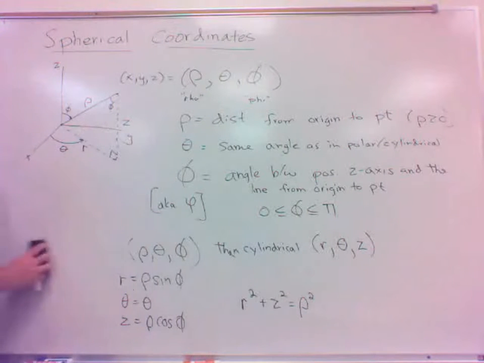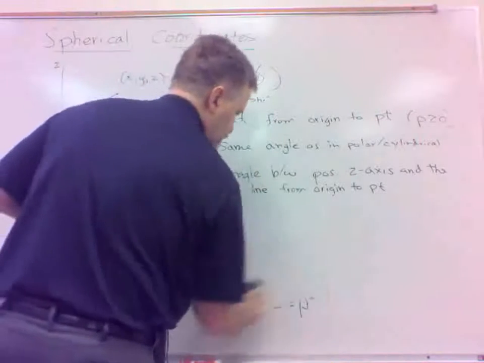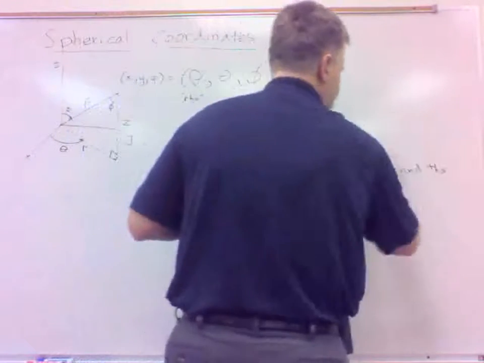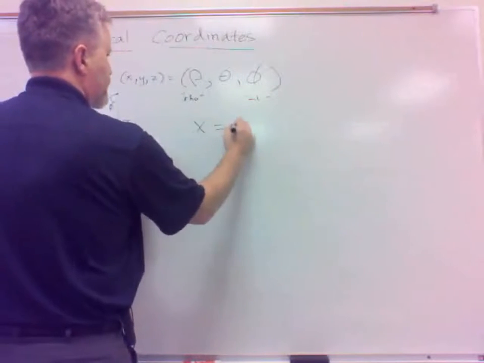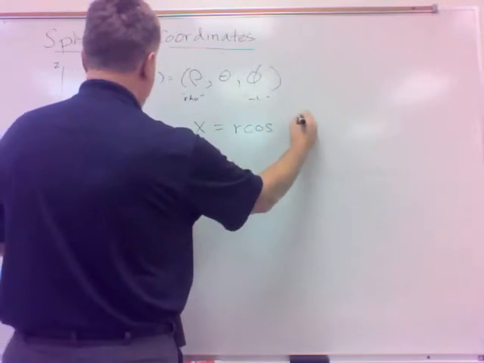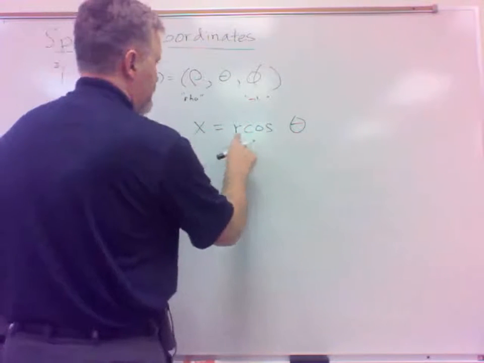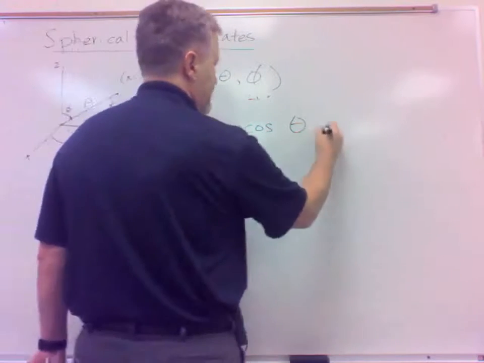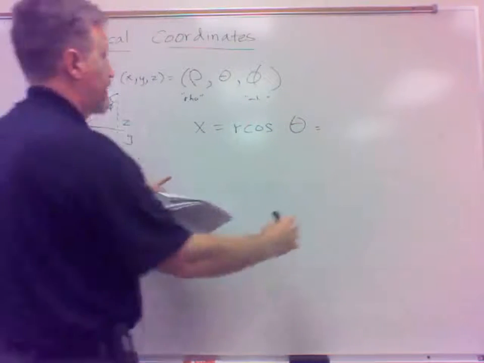From cylindrical and polar, we know that x equals r cosine of theta. Well, r in this case, as I just wrote down, was rho sine phi.